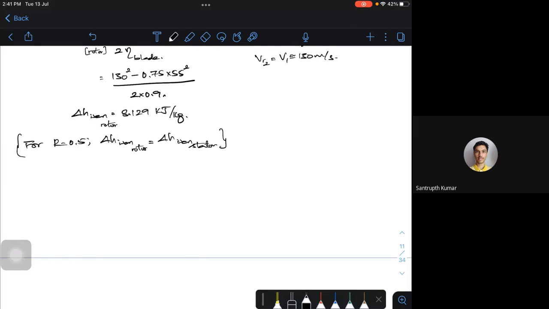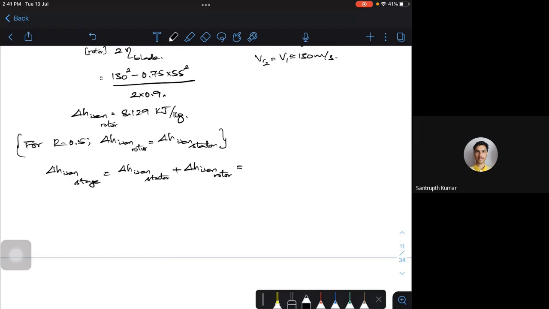So delta H isentropic for the stage is equal to delta H isentropic of the stator plus delta H isentropic of the rotor, which is 2 times of it.